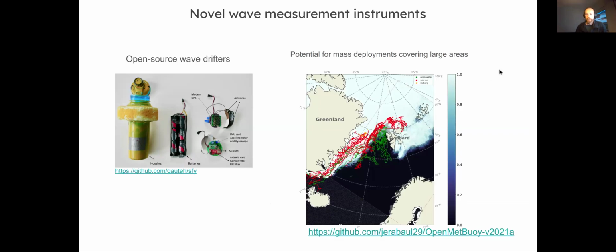Because these are very cheap and fairly easy to build, you can also deploy them in very large quantities. So this figure here shows a recent experiment where they deployed a lot of these OMB drifters in the Arctic for a pretty long experiment.